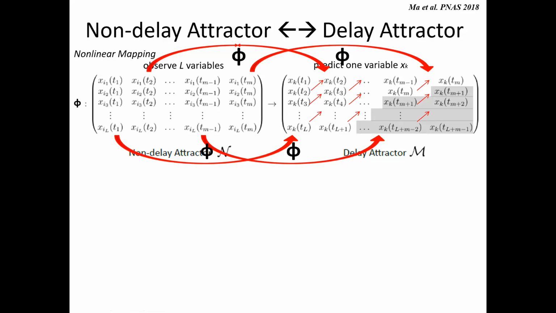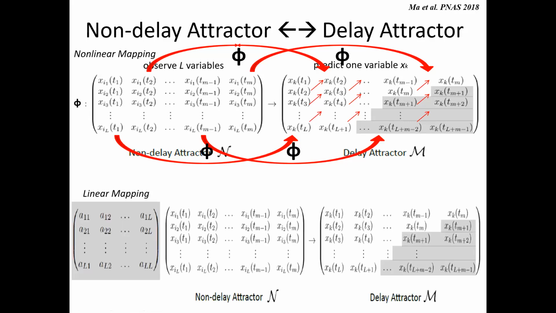The simple way is for phi, we use a linear map. We just make an approximation. The linear part is very easy. We use matrix A to represent phi. So this is the phi, this matrix here. The matrix A is an unknown, and the future value is also unknown.